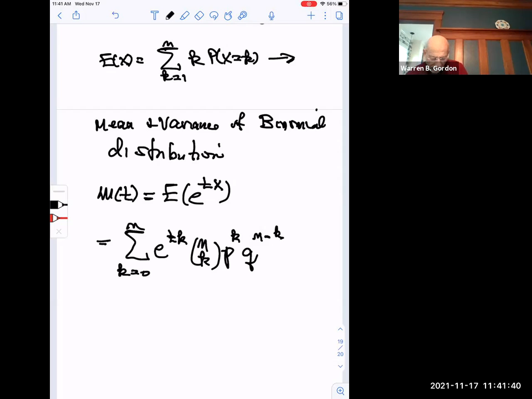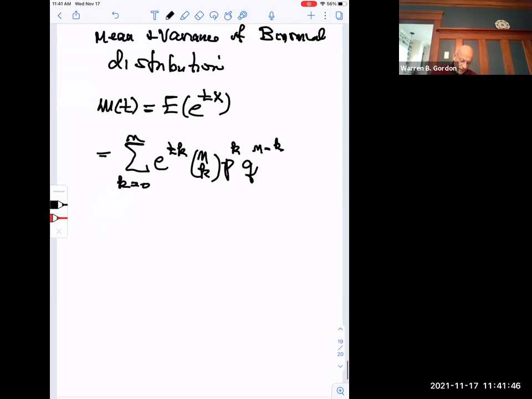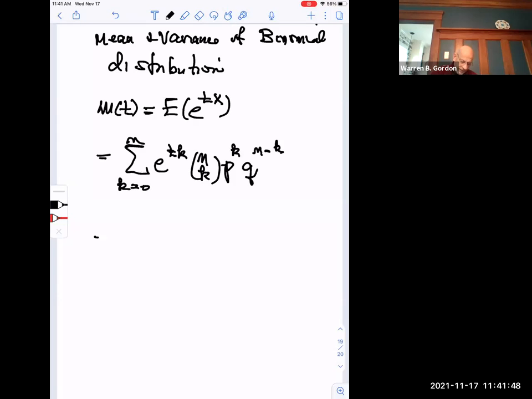So this is one way of finding the moment generating function. Now let's rewrite this.